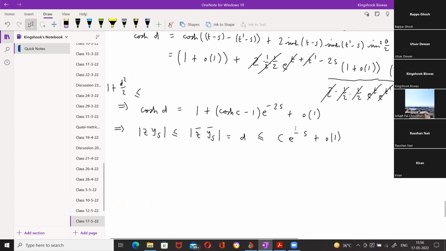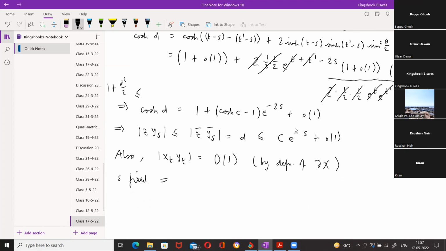Also the distance xt, yt is big O of 1, right? This is given by the definition of the boundary, because these are two geodesic rays with the same endpoint on the boundary. So this is big O of 1, and s is fixed.